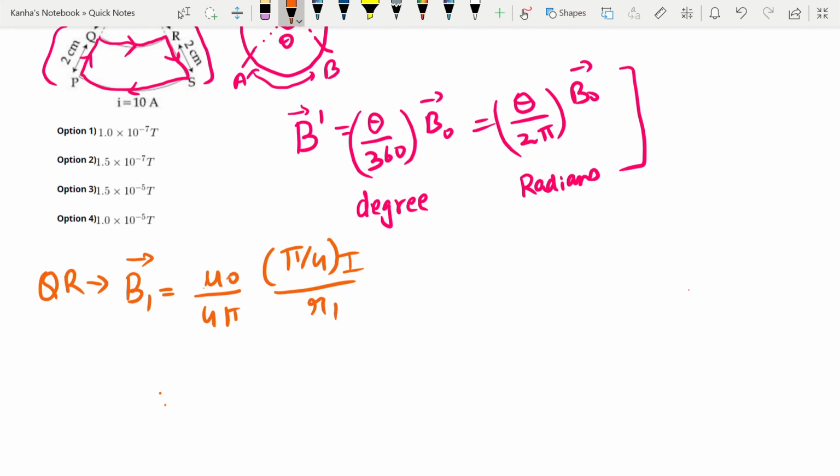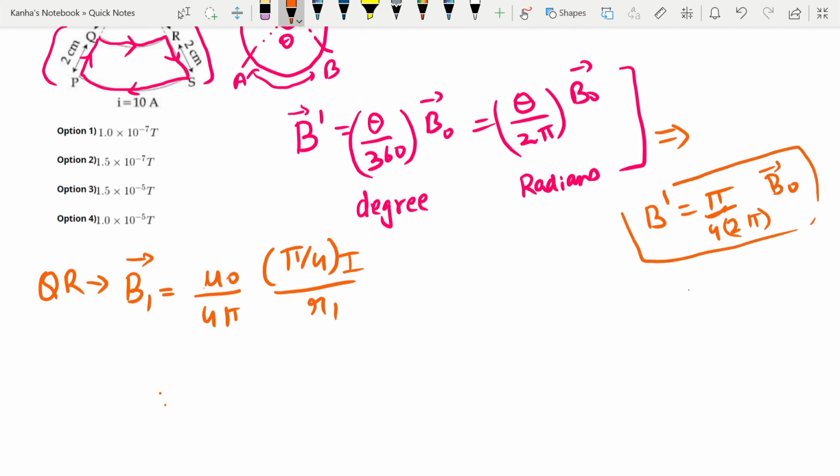Why? Because using this formulation, I can write that my B prime is nothing but pi by 4 divided by 2 pi, times B.